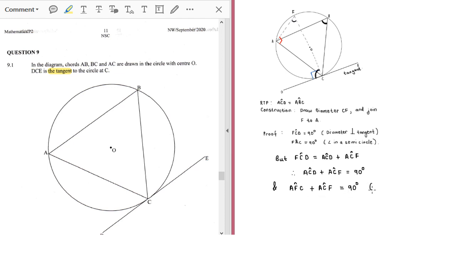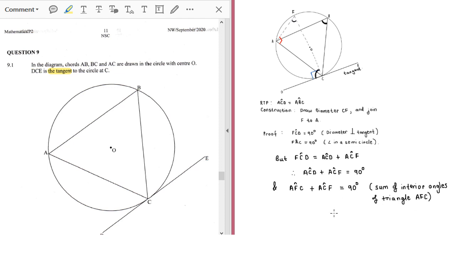And my reason here is exactly that: sum of interior angles of a triangle. Which triangle is this? AFC.